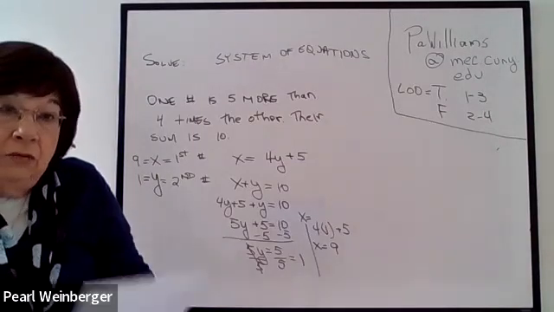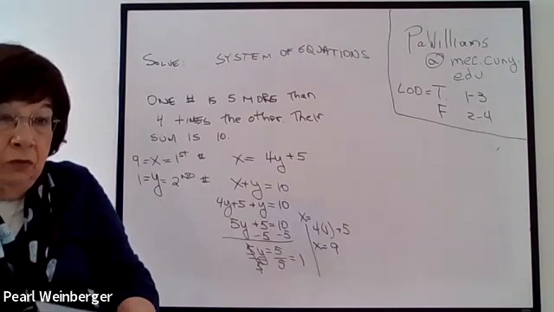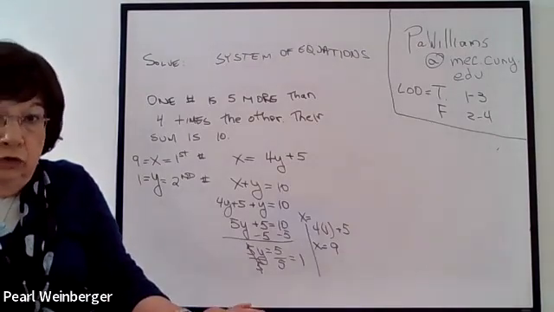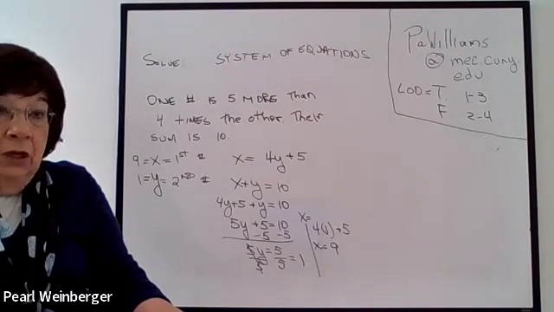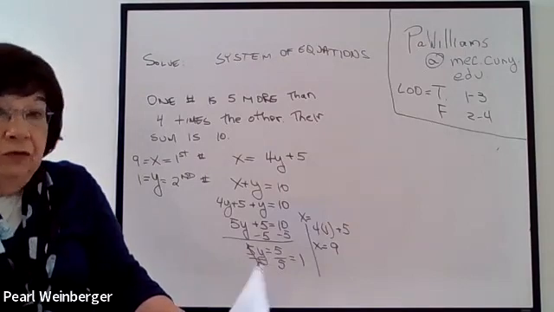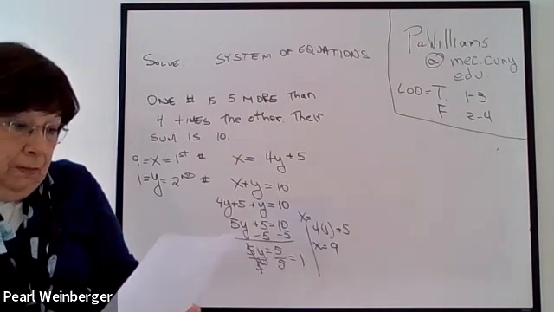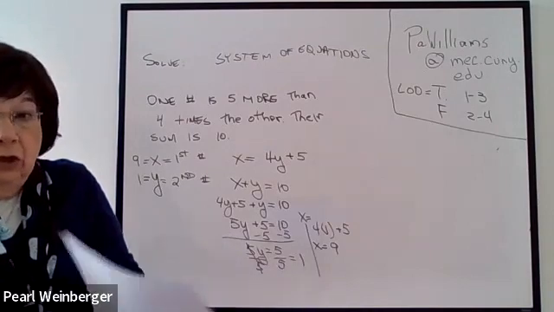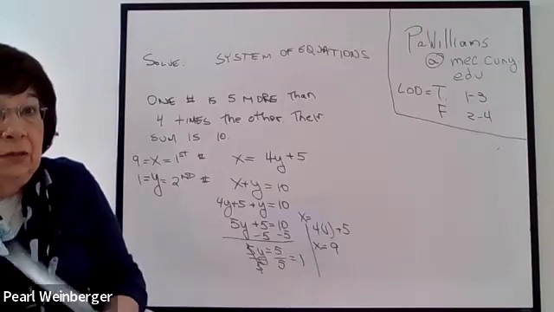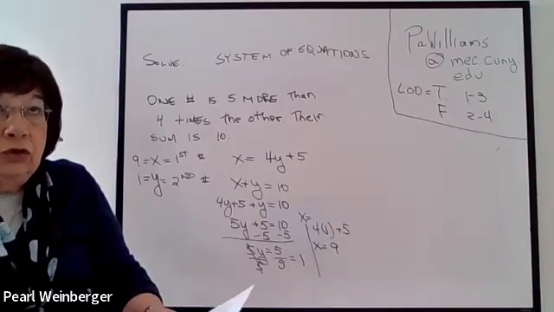And this is a very common type of problem where you have two types of items, and you know the price for each item individually, and you know how much money you made, and you want to know how many of each kind you had.